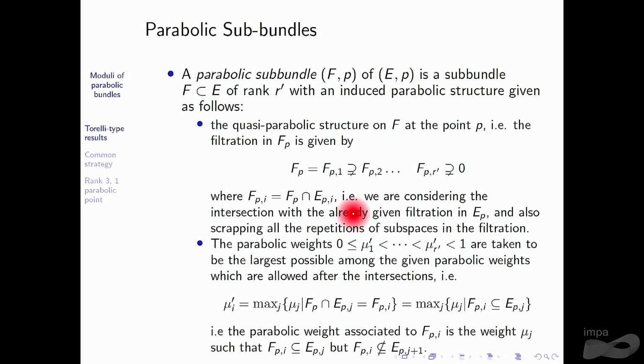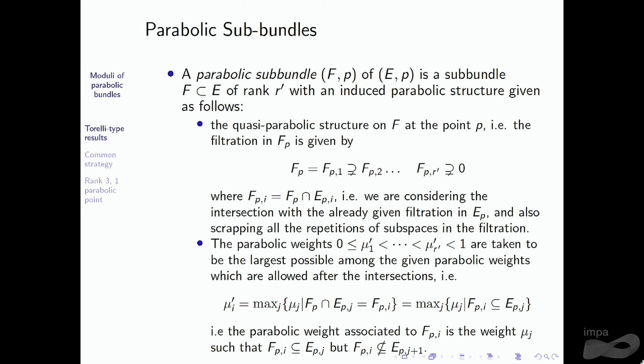So how do I define this? I look at the intersection of the fiber of the subbundle with the flag of the bundle. Okay. And then again, I have to be careful about what I mean by parabolic weights for this subbundle.